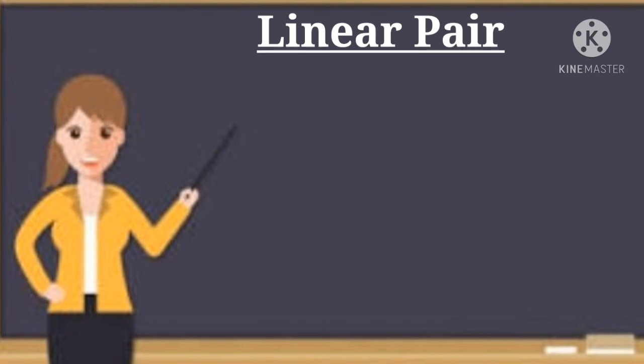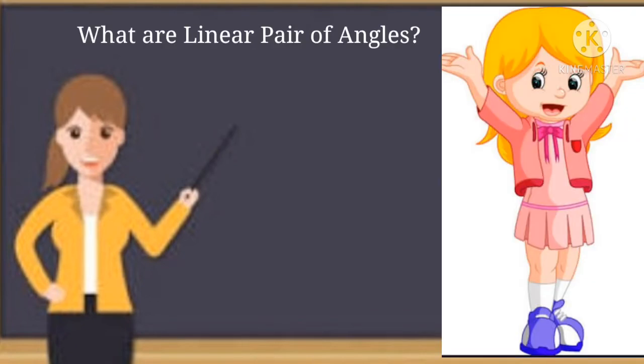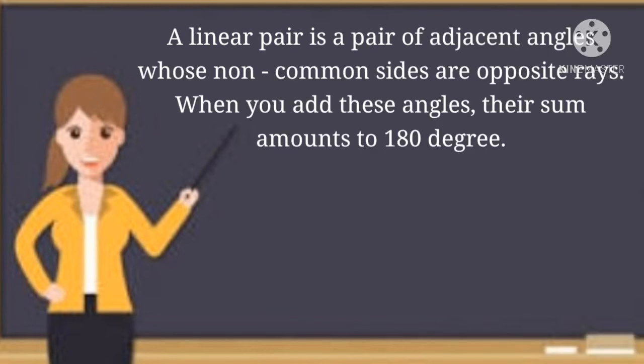Now let us learn linear pair. What are linear pair of angles? A linear pair is a pair of adjacent angles whose non-common sides are opposite rays. When you add these angles, their sum amounts to 180 degrees.